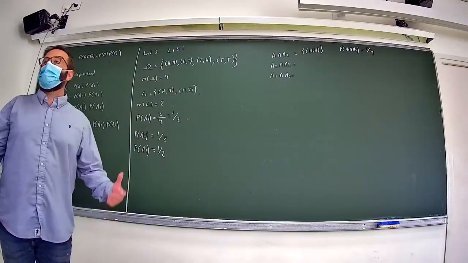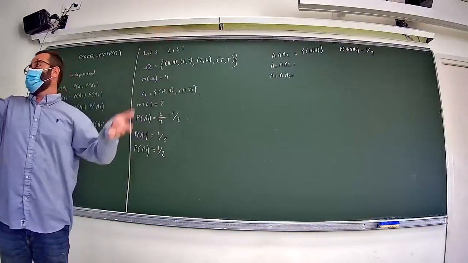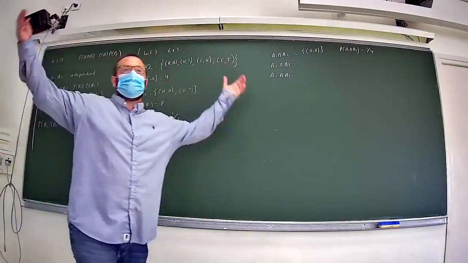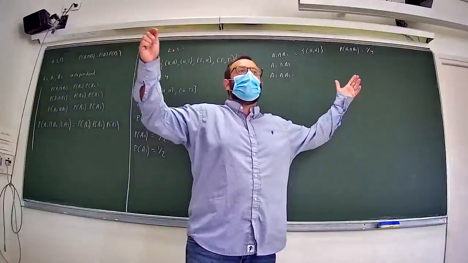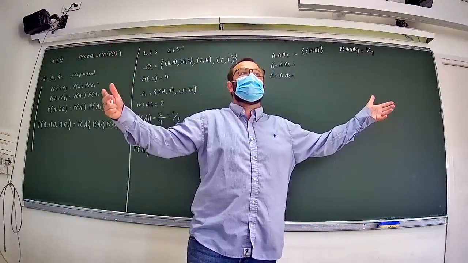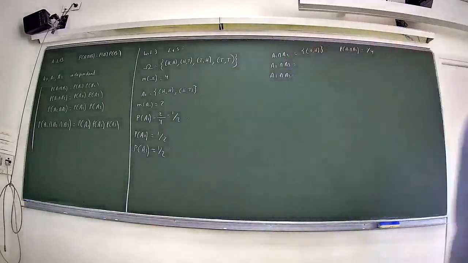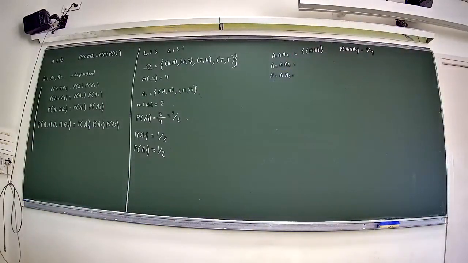I can try, but I have a small board. So there is, let's say, a dilemma. If I write in a bigger way, I will erase the board very often. Can you see here? Yeah, because I have a really, really small board.